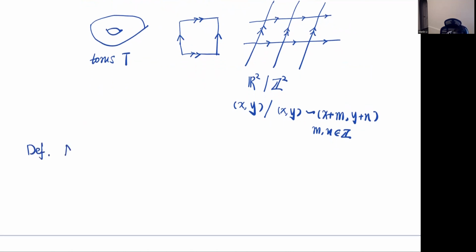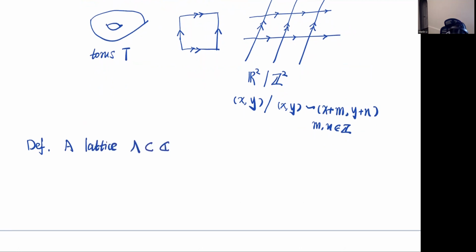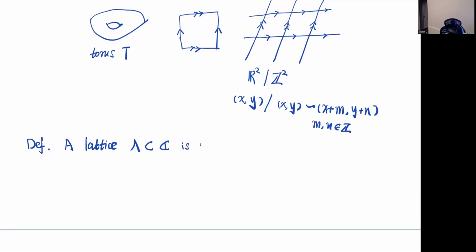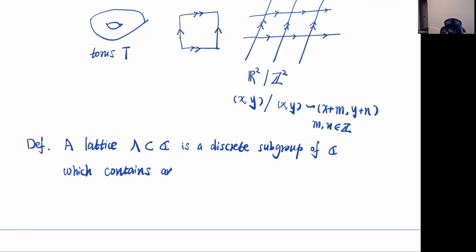A lattice lambda inside the complex numbers C is a discrete subgroup of C which contains an R basis for C.